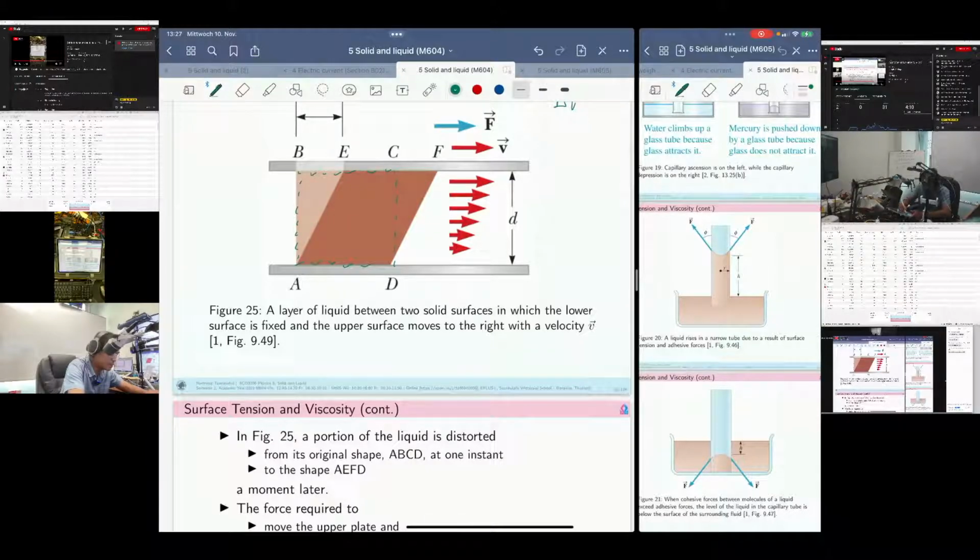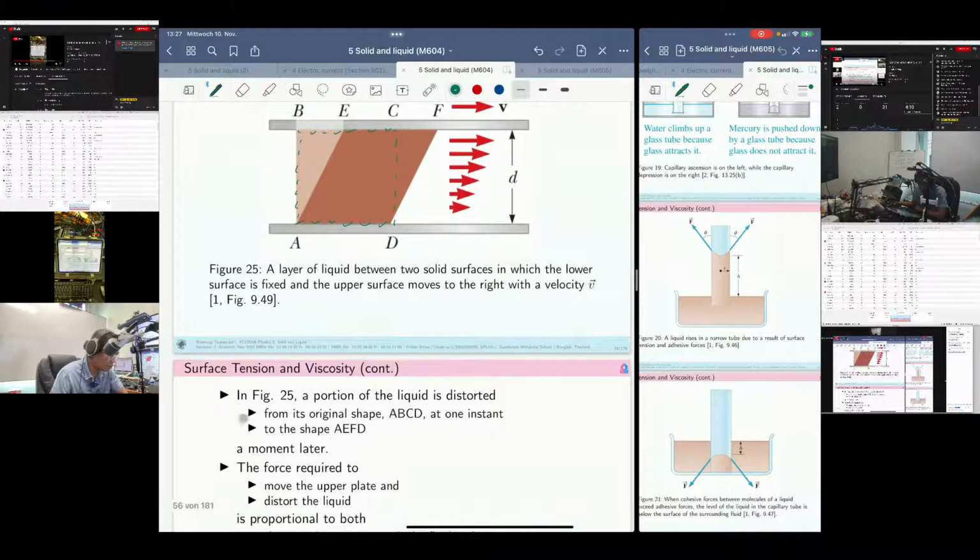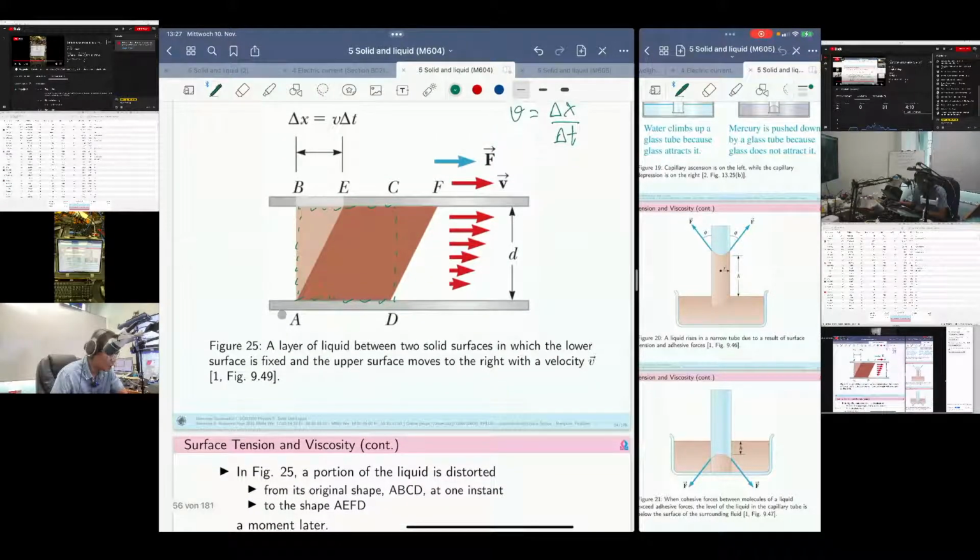But when that one moves, it's going to bend like this, into the shape A, E, F, D. Okay, the blue one, from the green one to this one.